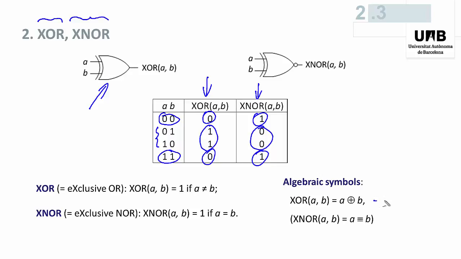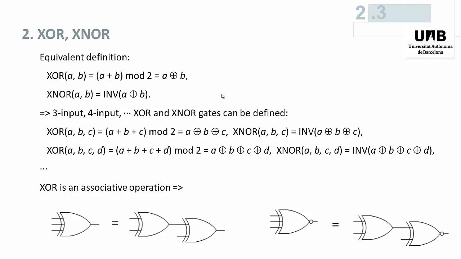As regards the XOR function, the symbol used is this one, and sometimes in the case of the XNOR function, the equivalence symbol is used. Now, an equivalent definition is the following. The XOR of A and B can also be defined as the modulo 2 sum of A and B, and as we have already seen, the symbol is this one.